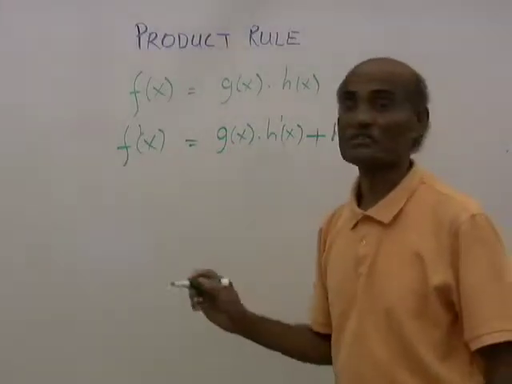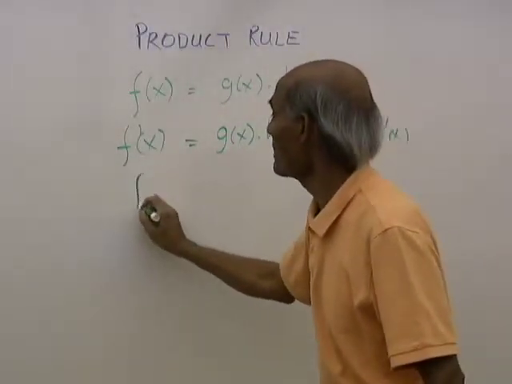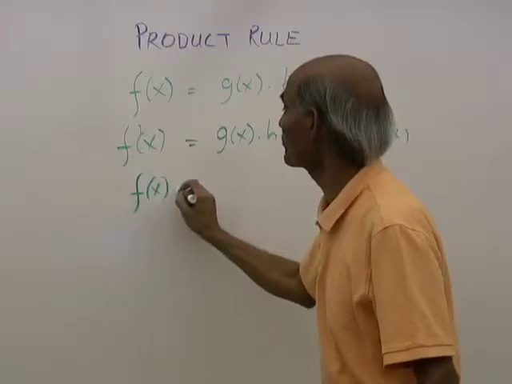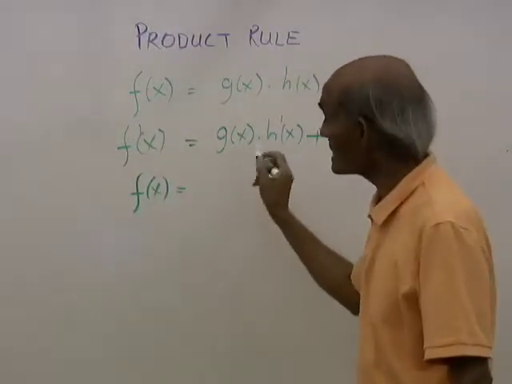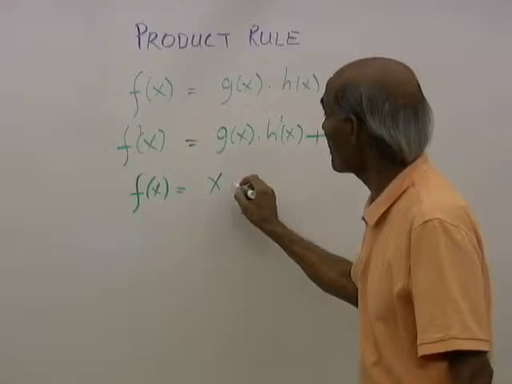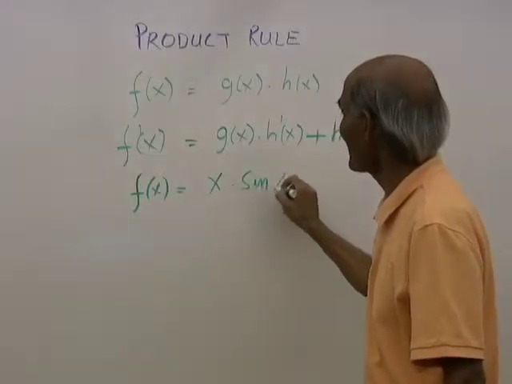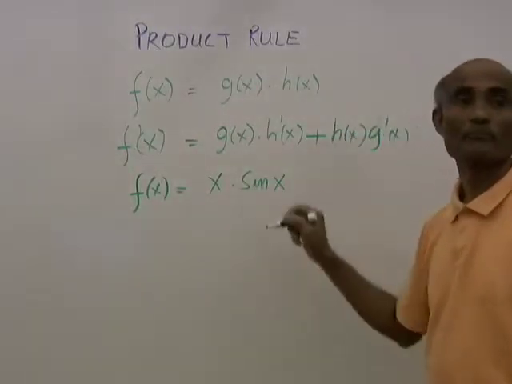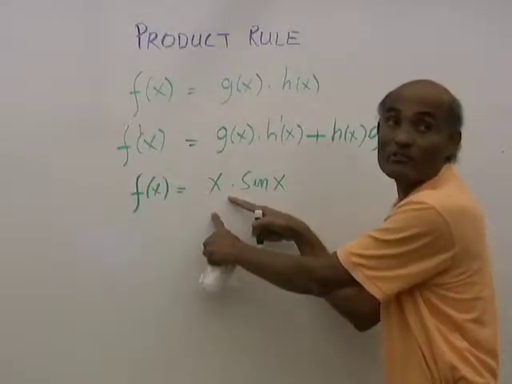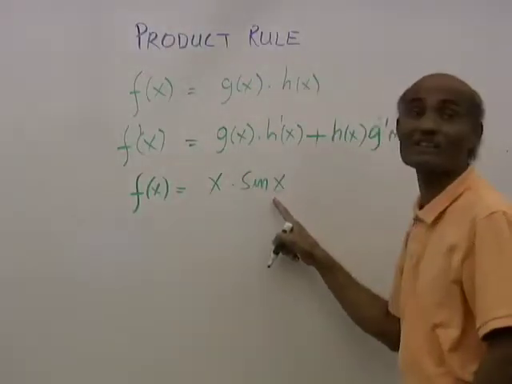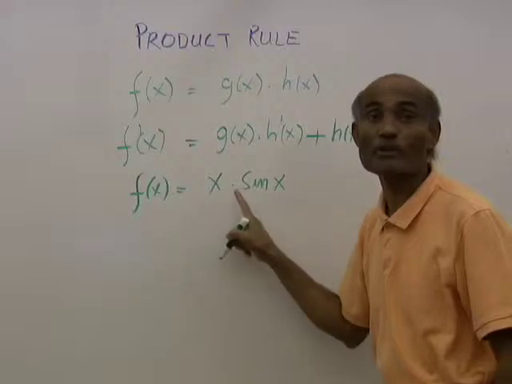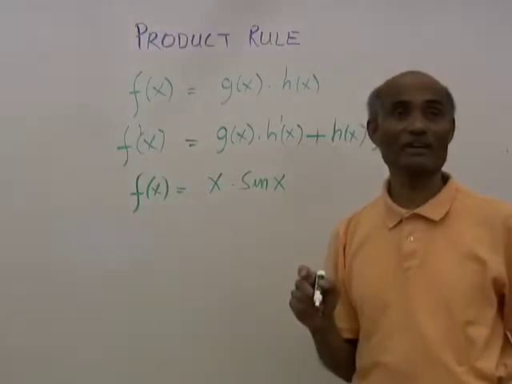Let's use a simple example right away. Suppose our f of x equal to, say, x multiplied by sine x. You can see your g of x is x, your h of x is sine x. This is the product of two functions of x.